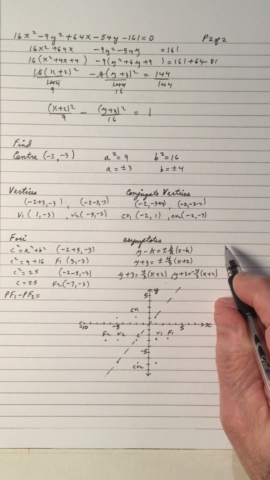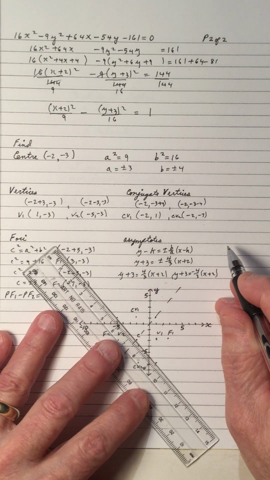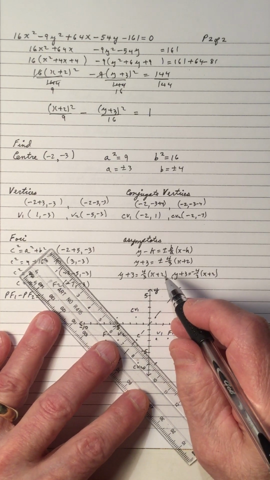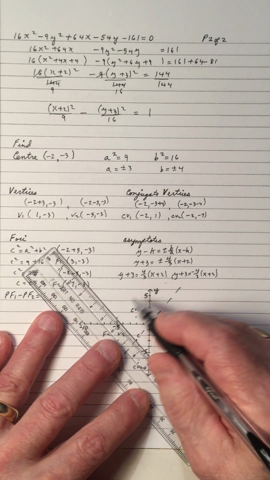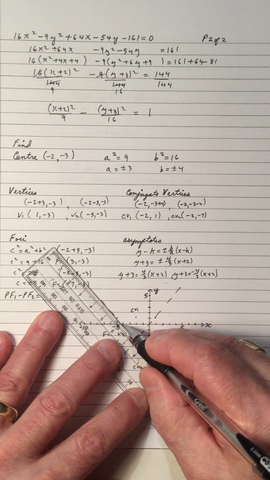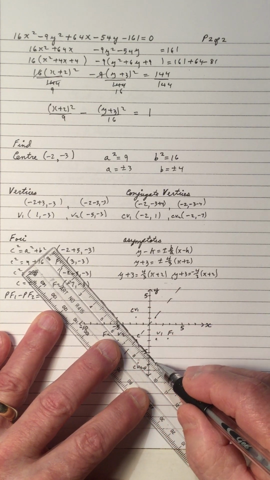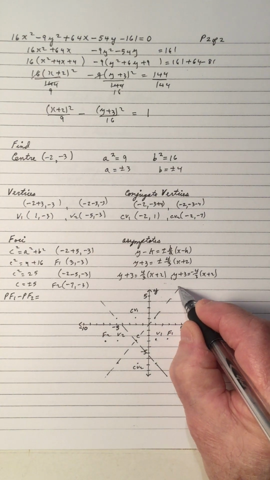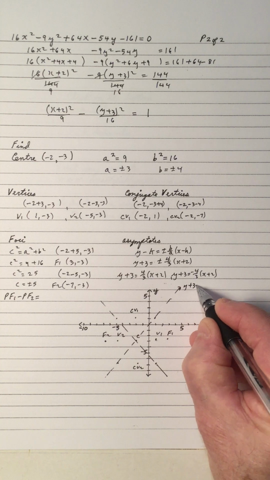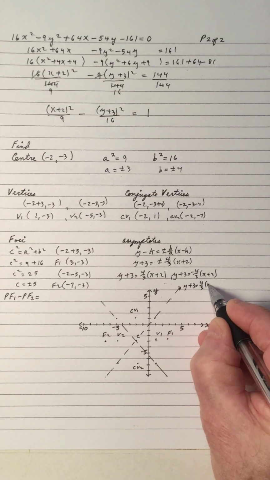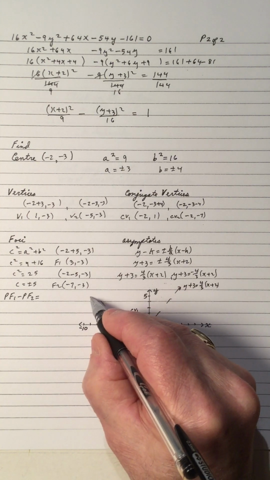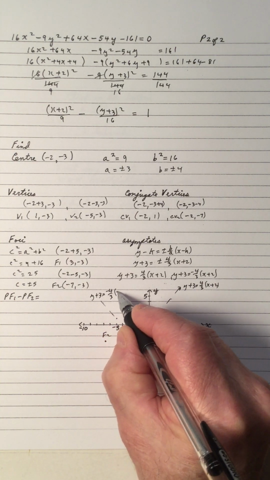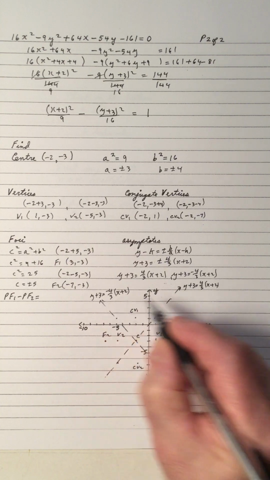So we draw that asymptote. Again, one is plus and one is minus. And there they are. Let's line them up. So the positive one is right here: y plus 3 equals 4 over 3 times x plus 2. And this is the negative one: y plus 3 equals negative 4 over 3 times x plus 2.